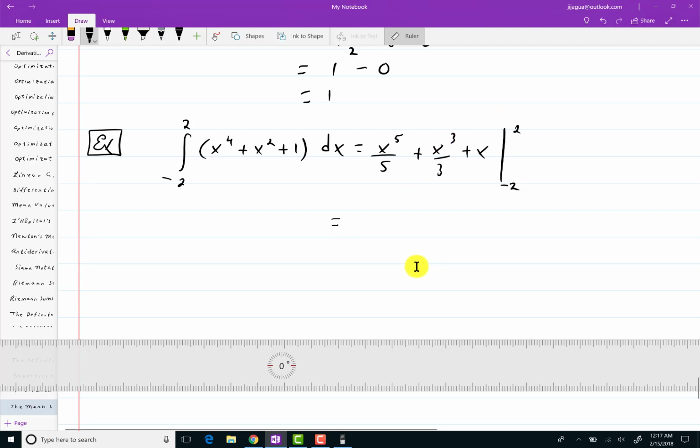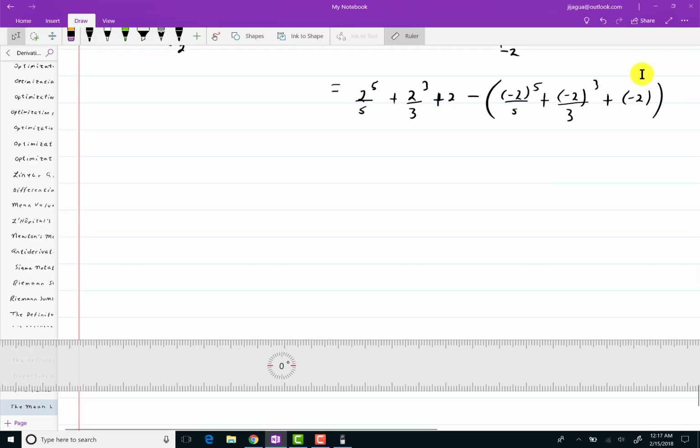We're going to have 2 to the 5th over 5 plus 2 cubed over 3 plus 2, minus negative 2 to the 5th over 5 plus negative 2 cubed over 3 plus negative 2. Notice, because they're odd powers, all these negatives can factor out, and I can simply get rid of them.